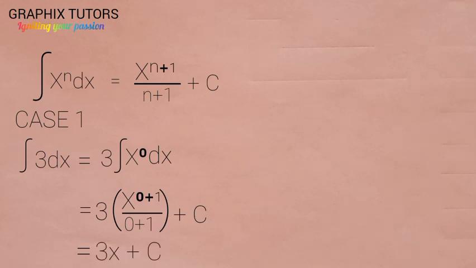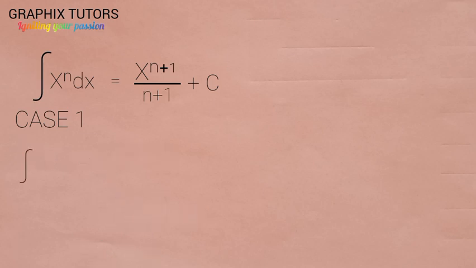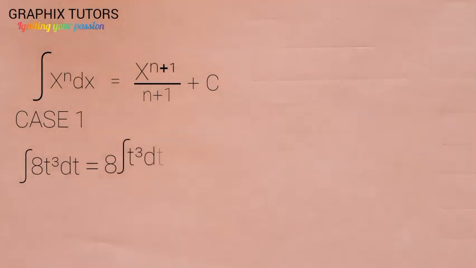Now, example 3. If we are told to integrate 8x cubed dx, or let me say integrate 8t cubed dt. The t there simply means that we are integrating with respect to t. So I'm going to bring my 8 outside to show that we are focusing on t.